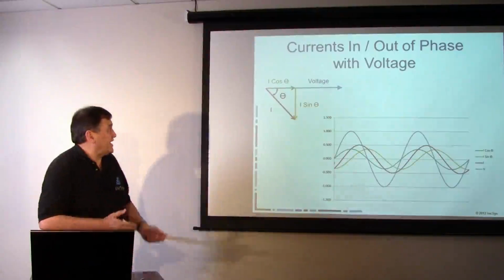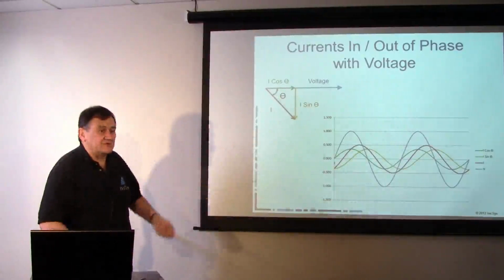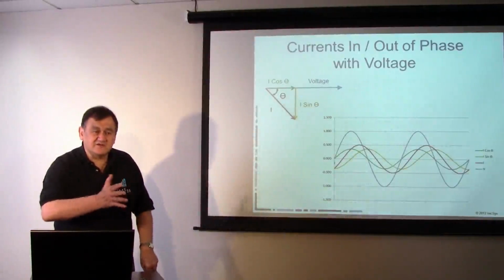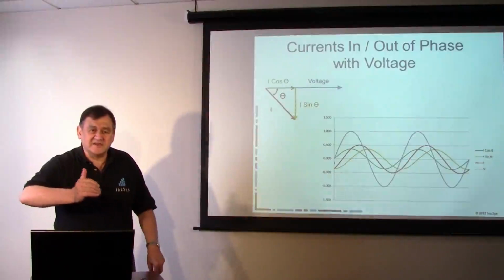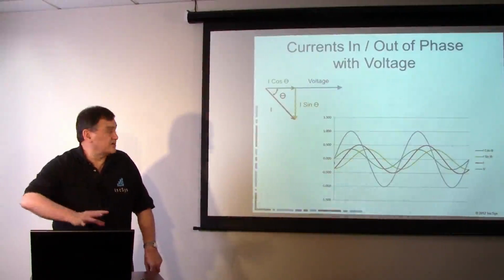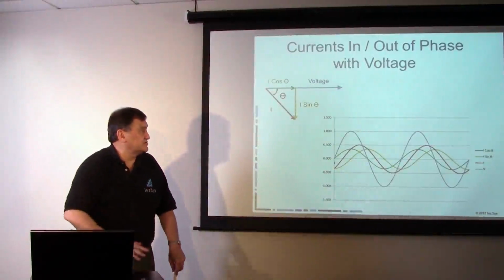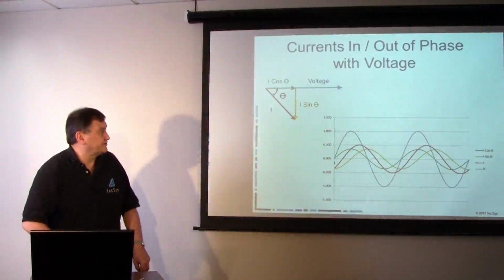So we can do a very similar thing with current waveforms that are 90 degrees out of phase with each other, very similar to how you can accumulate distances when you're walking in a two-dimensional geographic plane.